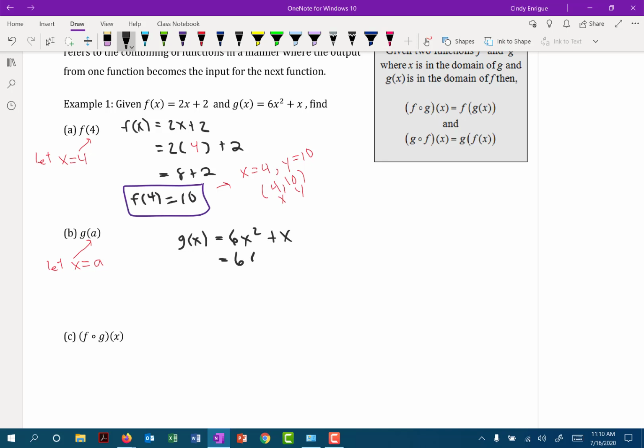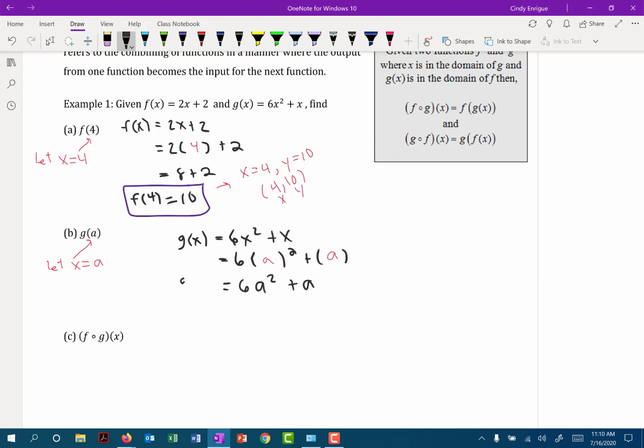Now we plug in a for x, so I have 6a squared plus a.